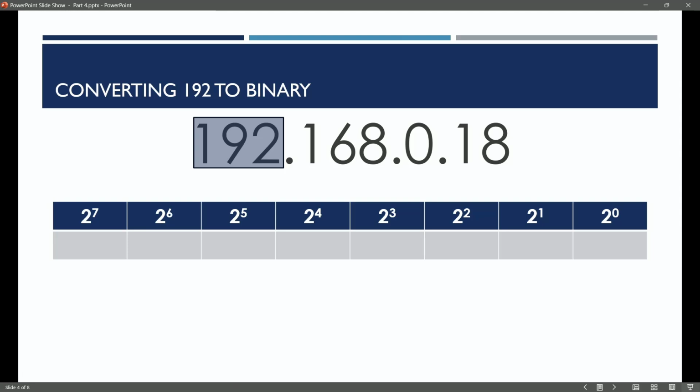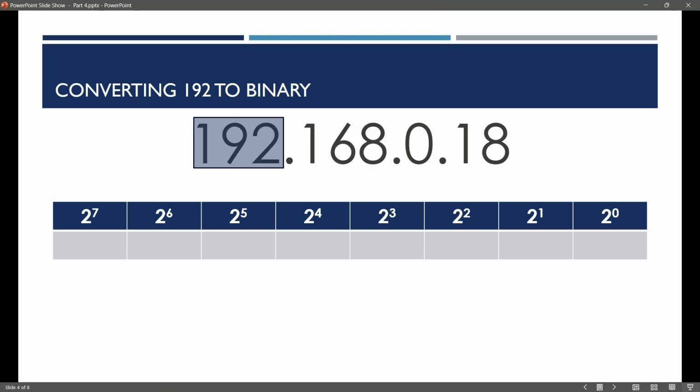Notice how this chart works. Up at the top, the first row of the 2 rows, we have 2 to the 7th power all the way down to 2 to the 0 power. It turns out these are the values for decimal in those 8-bit positions.